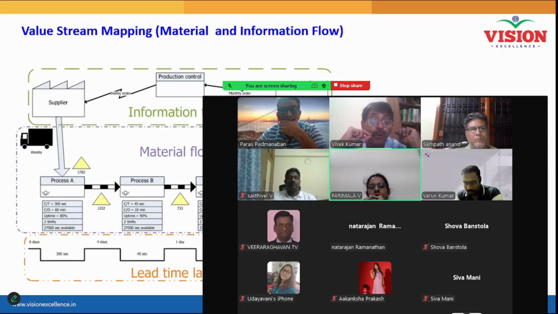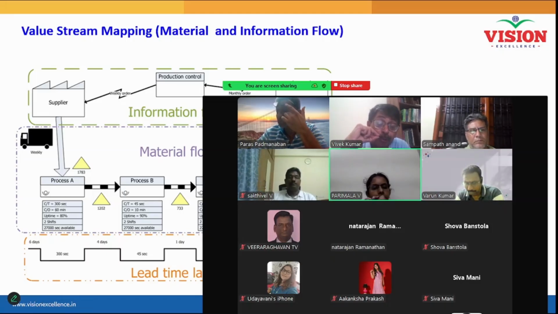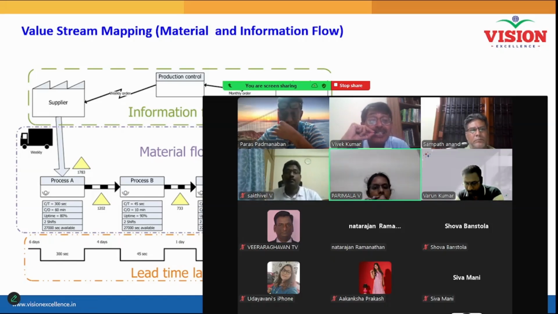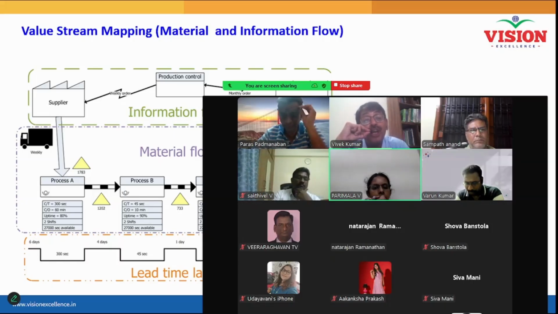The point I want to communicate, Shakti ji, and I want your inputs on this: do you agree that out of this 300 seconds that a particular piece is spending on this process, not all of the 300 is necessarily value adding time, and it can be a combination of value adding and non-value adding activities?